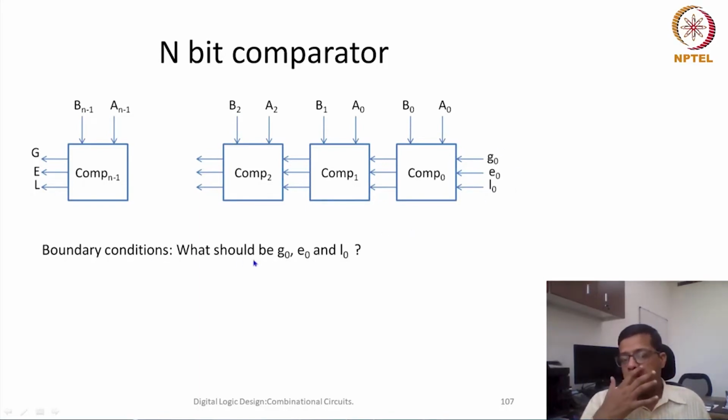Otherwise these iterative cells would be similar for all the points, but for boundary points, sometimes for the nth point or sometimes for the 0th point, it may be slightly different. Here we clearly know that the input is A and B, so we have to find out what the value of G, E and L should be, so that my comparator 0 is correct.